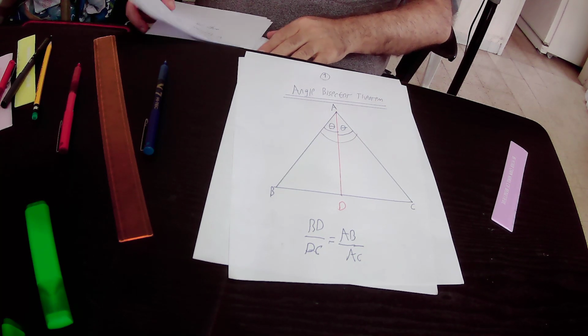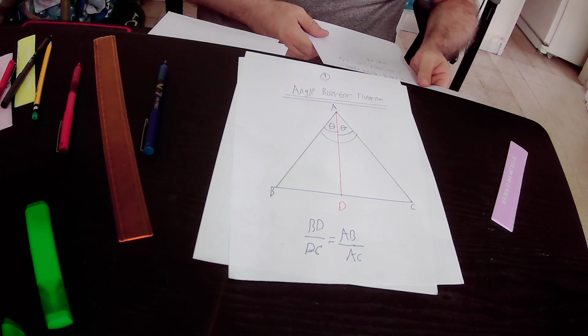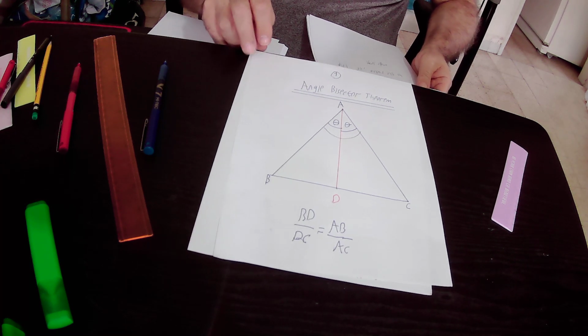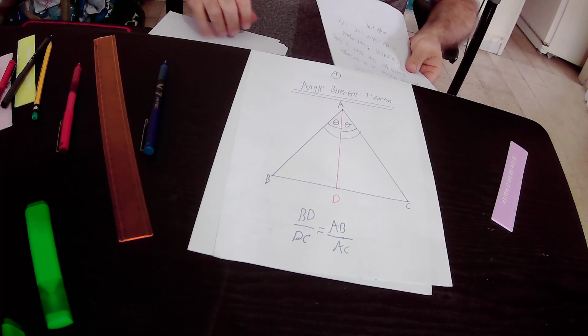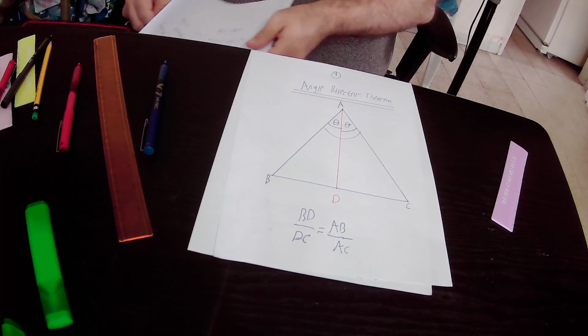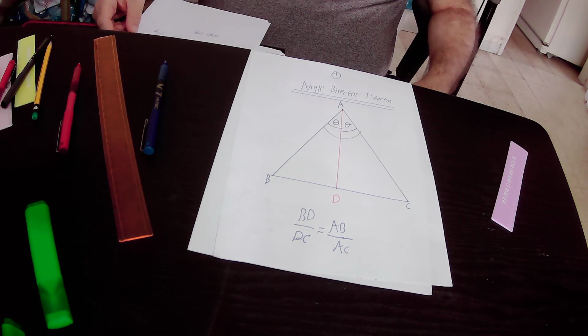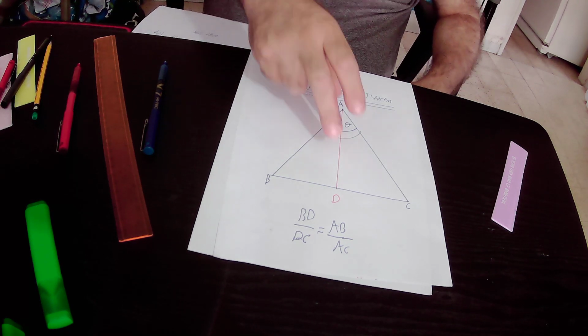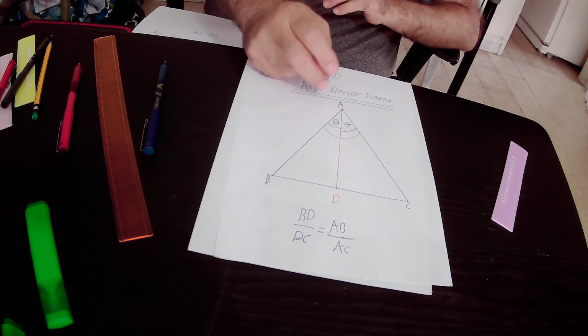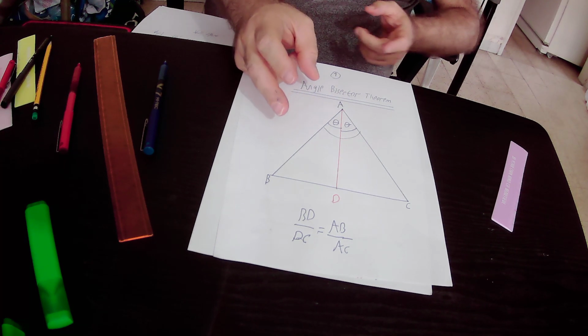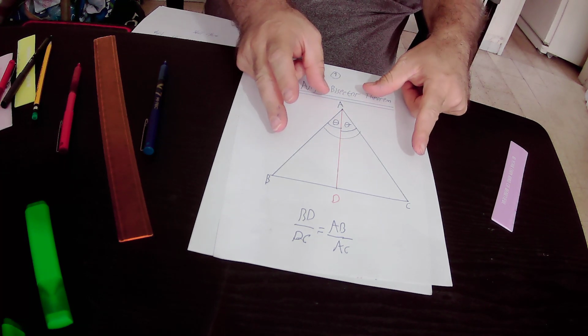The angle bisector theorem states that an angle bisector in a triangle divides the side that it hits in a ratio that equals the ratio of the angle legs. So, according to the angle bisector theorem, first of all, AD is an angle bisector because it bisects angle BAC.